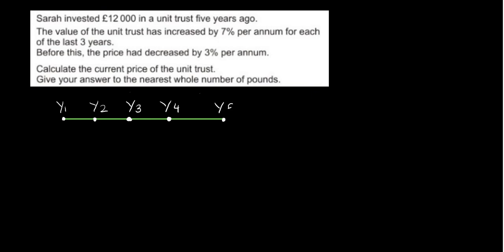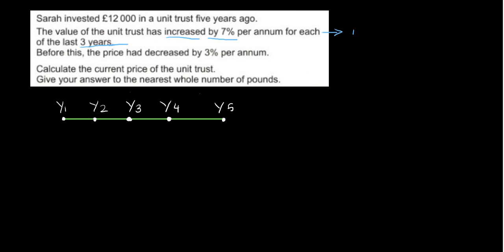Okay, so what I'm going to do is work on finding out the multipliers. The value of the unit trust increased by 7% per annum for each of the last 3 years. So we're talking about year 3, year 4, and year 5. For this, I'm going to find the multiplier.